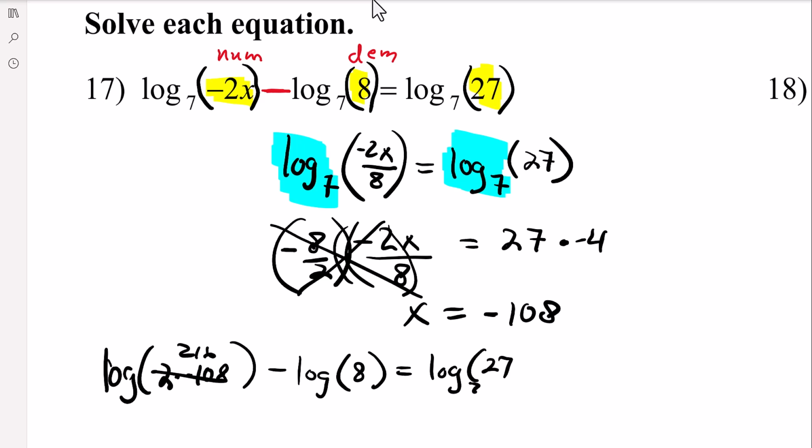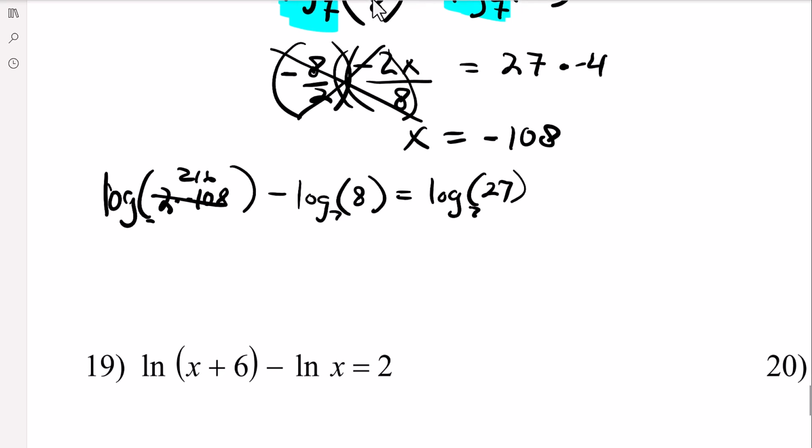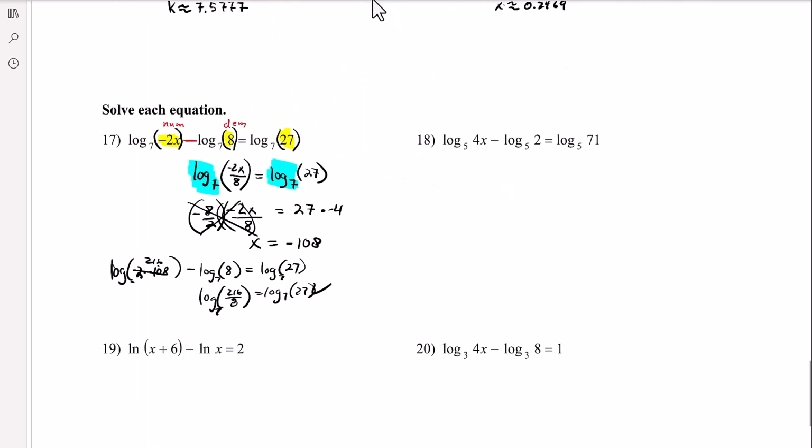And these are all log base 7. So now you just have to do log 216 divided by 8. And just make sure that that says 27. 216 divided by 8, yep, is 27. That checks out.